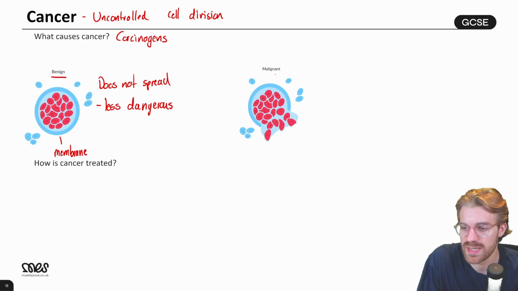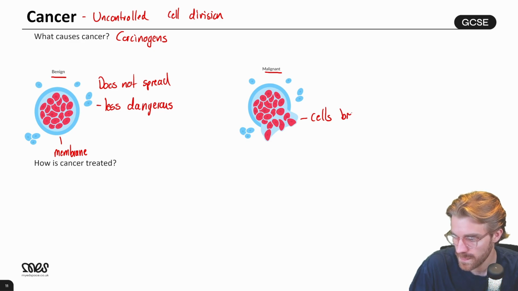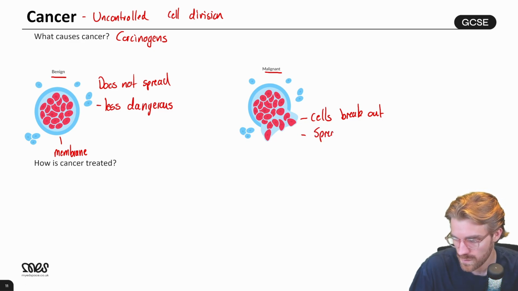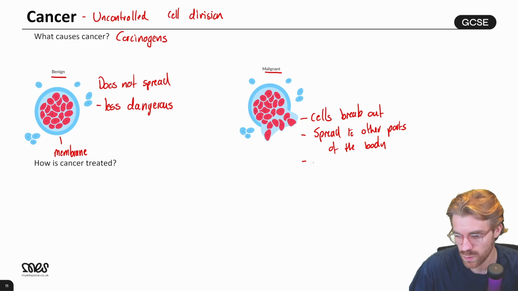Our other type of tumour is a malignant tumour. Now, malignant tumour is when the cells break out of this membrane. And when those cells break out, they are going to spread through the bloodstream to other parts of the body. And where they spread to other parts of the body, they are then going to grow and form other tumours as well.